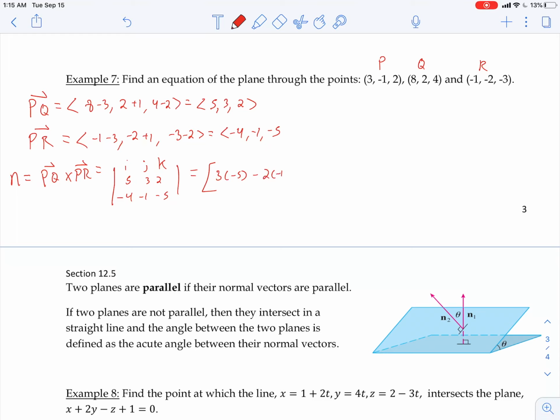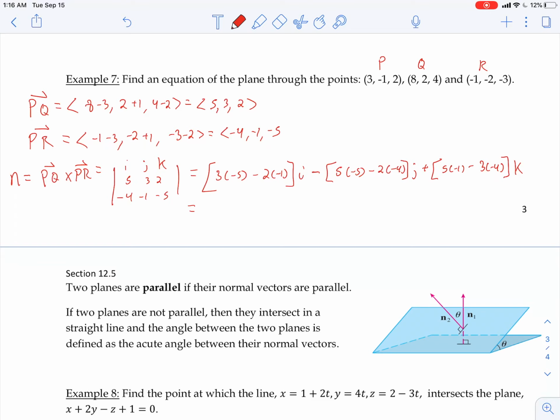So 3 times -5 minus 2 times -1 i, minus, and then 5 times -5 minus 2 times -4 j, and then plus 5 times -1 minus 3 times -4.